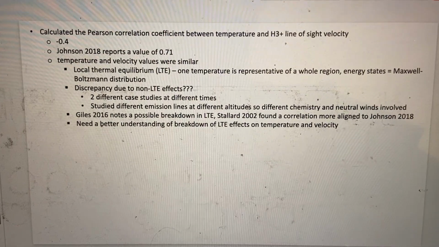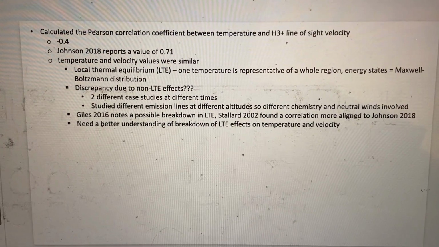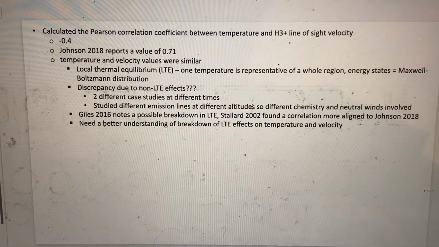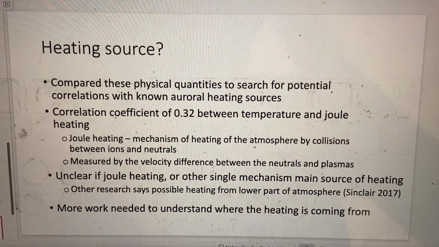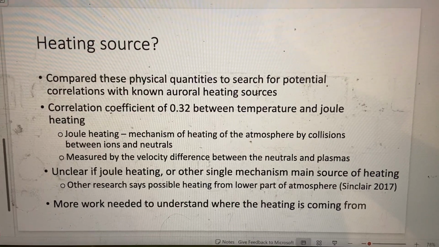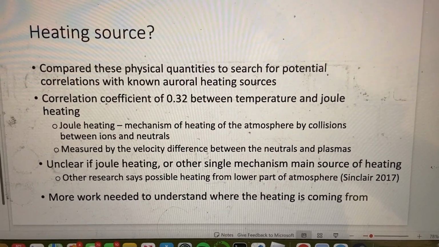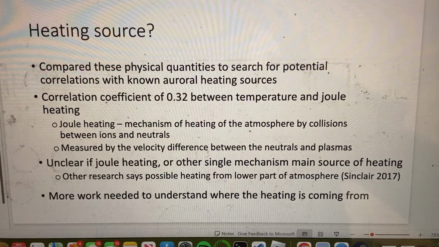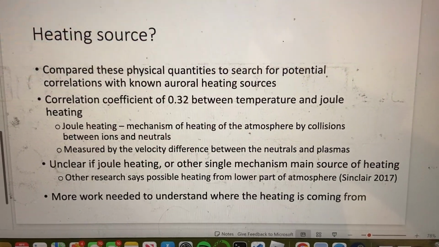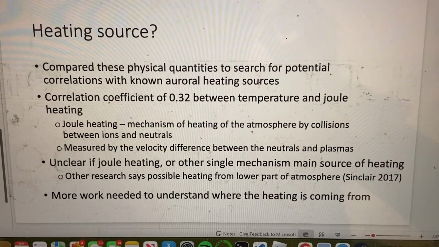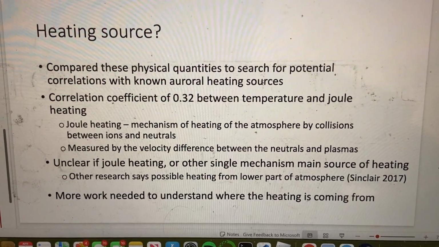We need a better understanding of how LTE is affected when it breaks down. And the heating source, they're trying to figure out what is heating the aurora. So they compare the temperature to joule heating. Joule heating is a mechanism of heating by which ions collide with neutrals in the atmosphere, so like H3+ and H2 or something like that.